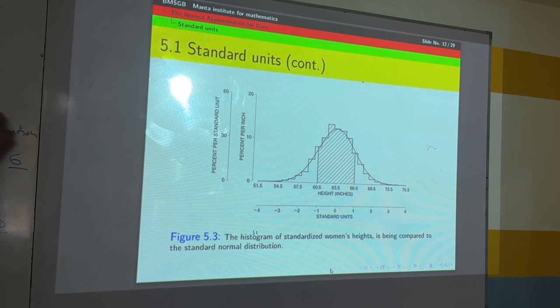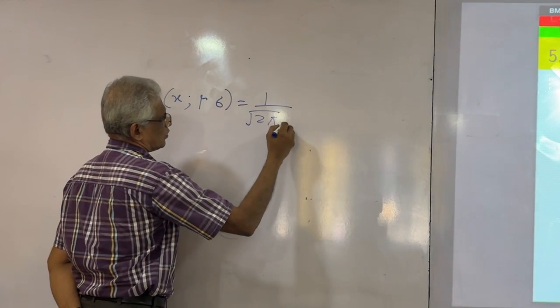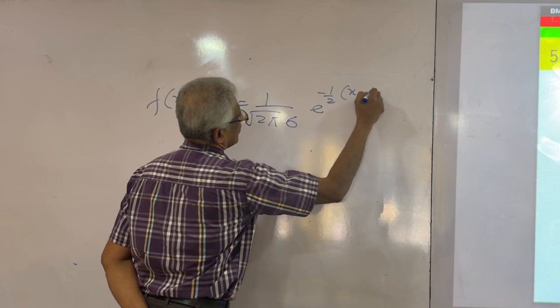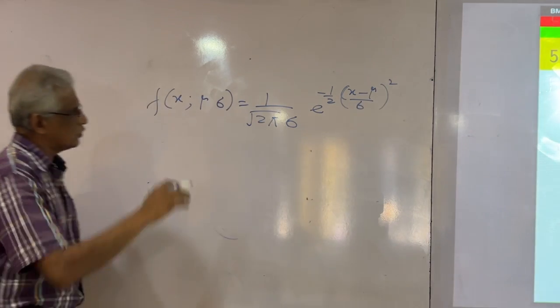Now, if your original distribution is something like this, for x it has this formula: 1 over root 2 pi sigma, e to the power minus half, x minus mu over sigma, squared. That is the formula for the original distribution.